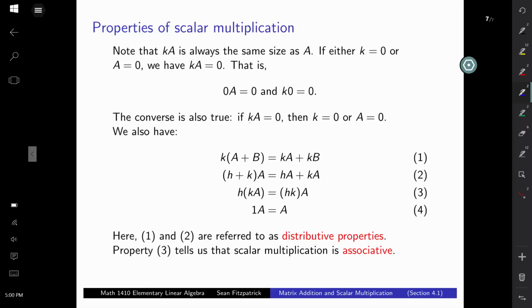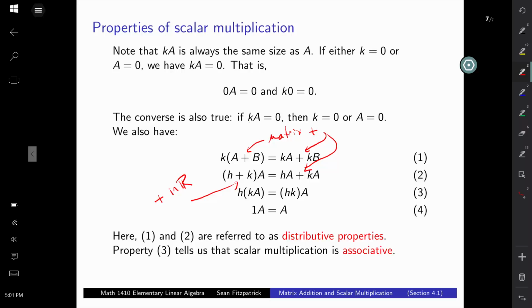Scalar multiplication, as with vectors, satisfies distributive properties, and as with vectors there are two, because this plus sign here is matrix addition, right, as it is here and here. This plus sign here is addition in R, right? You're adding the scalars together.